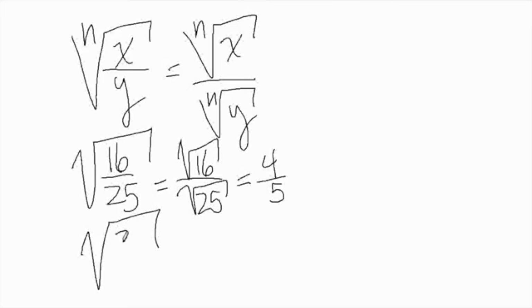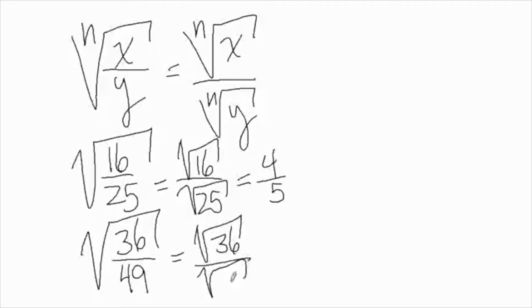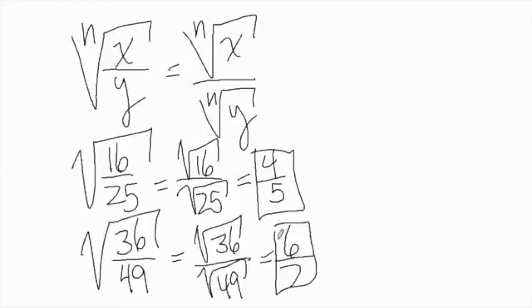The square root of 36 over 49 is equal to the square root of 36 divided by the square root of 49. That's equal to 6 over 7. All right? So let's have you try to use this formula.